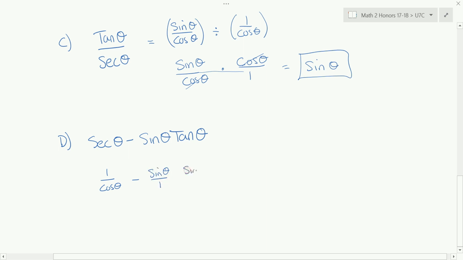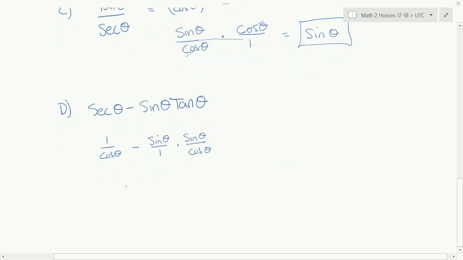Tangent is sine over cosine. Okay. And when I simplify this down a little bit, this becomes 1 over cosine theta minus sine squared theta over cosine.